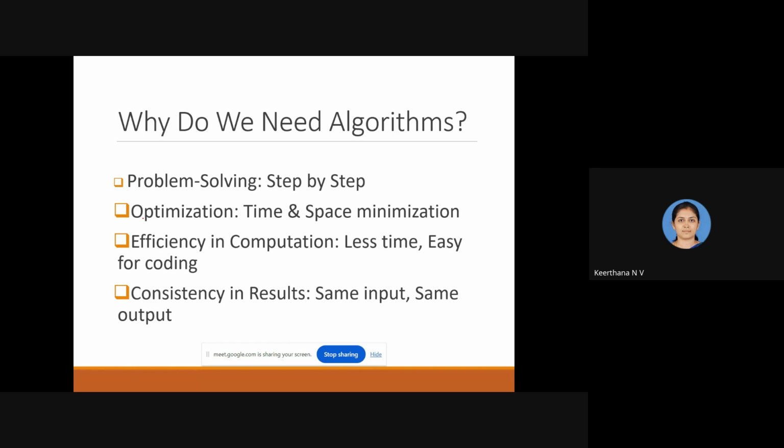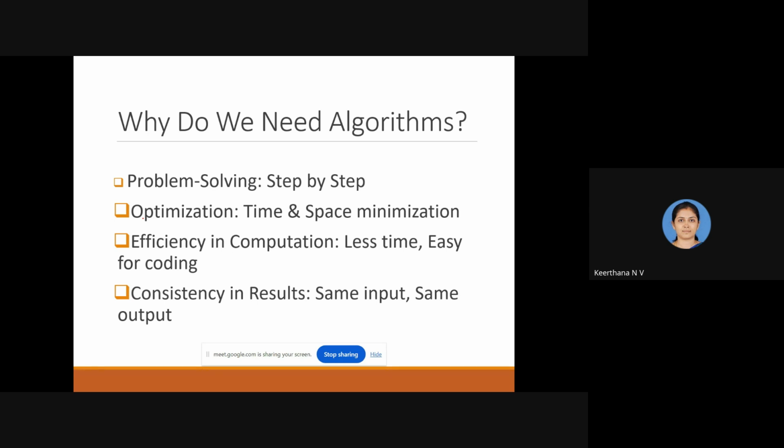If you prepare an algorithm for your problem, it will save your time and space. If you have a predefined solution format for your problem, it is easy for you to solve the problem using an algorithm. Third is efficiency in computation.